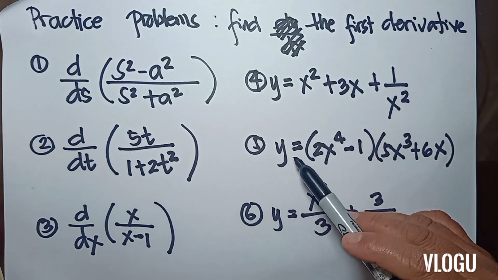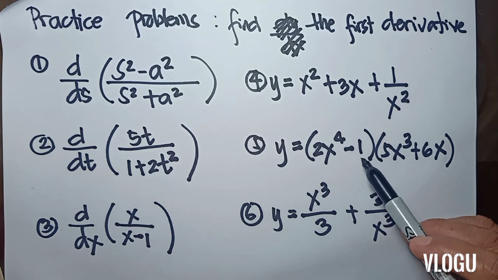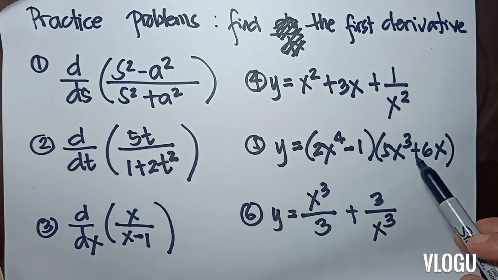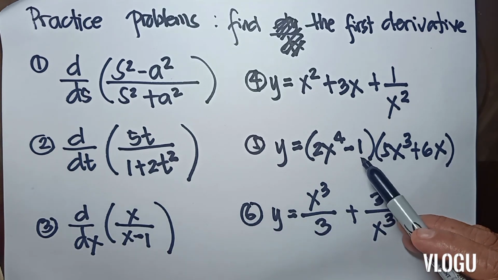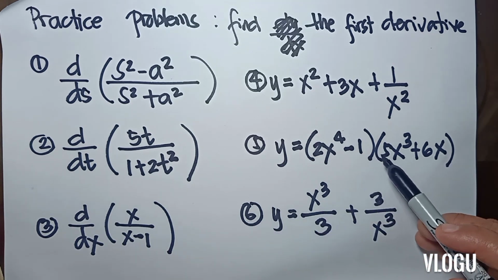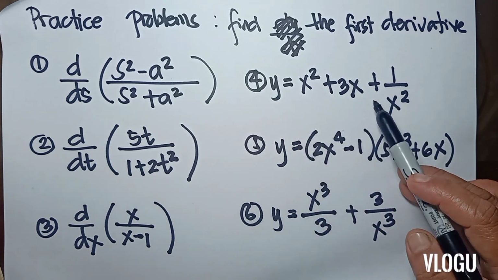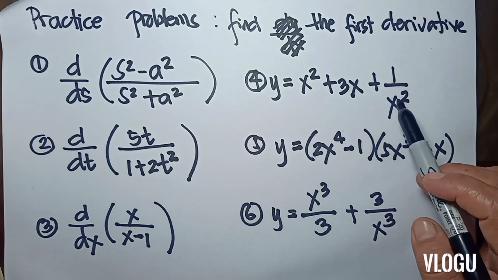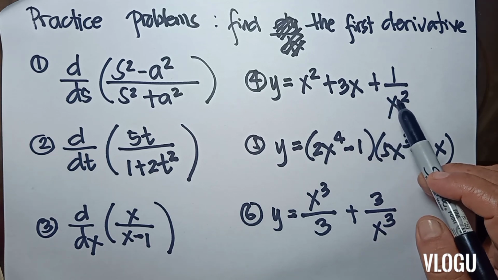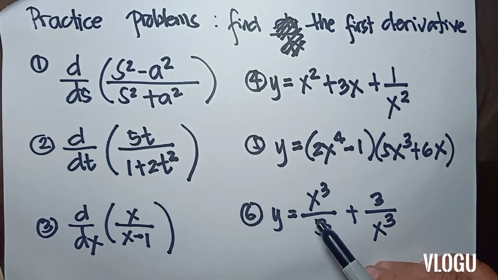Number 5, y is equal to 2x to the 4th minus 1 times 5x cubed plus 6x. Here, our variable is x, and you are going to use the derivative of a product for this one. For number 4, derivative of a sum, x squared plus 3x plus 1, that is our lesson 1. Then number 6, that is y is equal to x cubed over 3 plus 3 over x cubed.